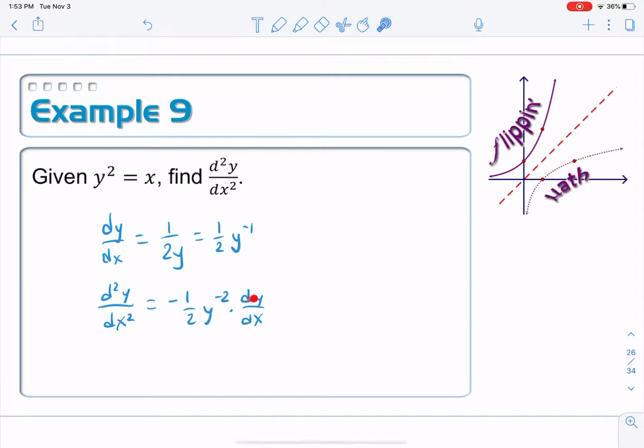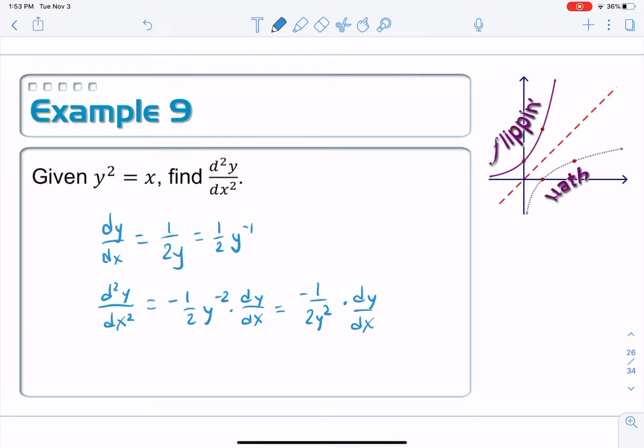It always calls back to the first derivative. One of the things that will be absolutely necessary is to substitute the first derivative back into its place. First I'm going to get rid of that negative exponent, so it is negative 1 over 2y squared, times dy dx.